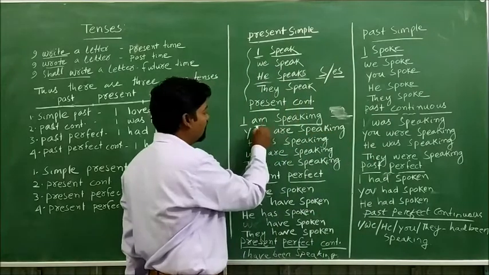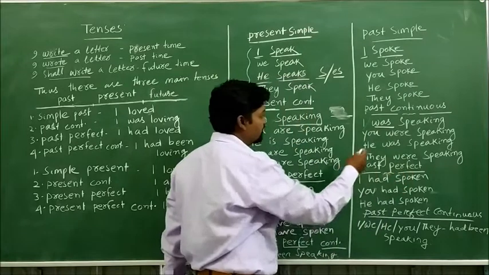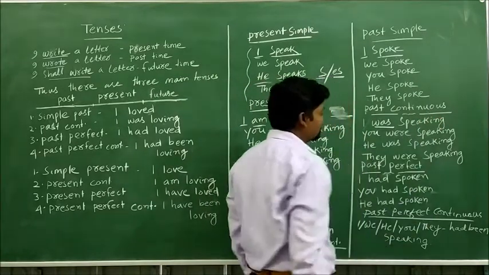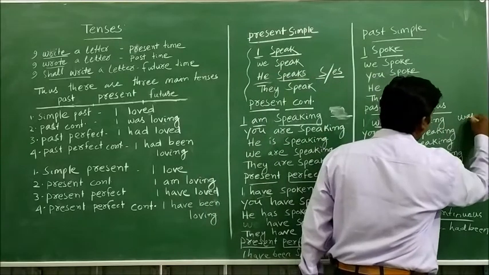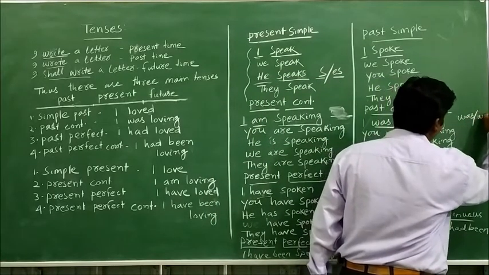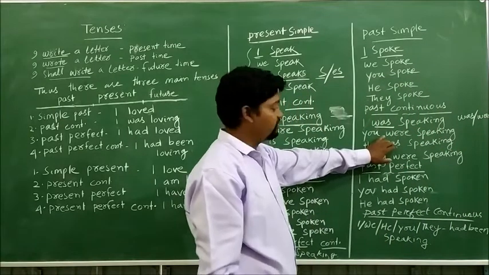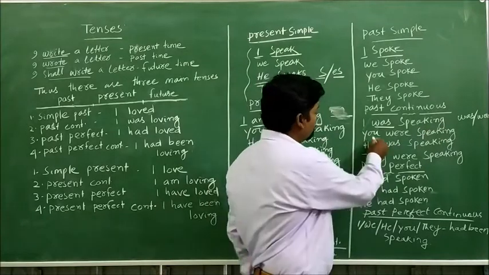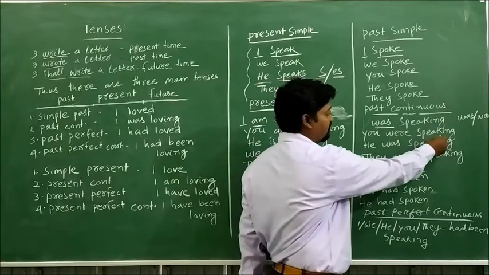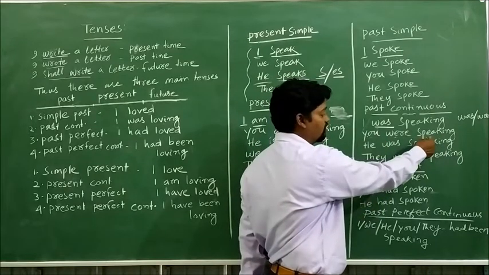In the same way, when we change from present continuous to past continuous tense, see, am is there, here it is was. In the past continuous tense we use was or were. I was speaking. You were speaking. We don't use you was speaking. That is wrong.